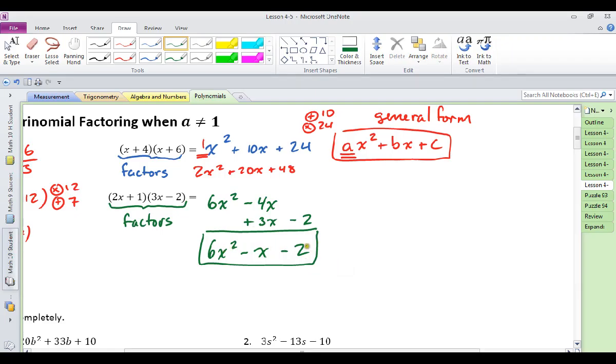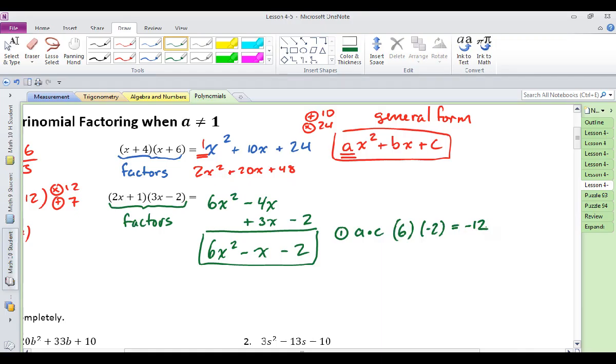So what we do when we are faced with this, step 1, is we do A times C. So in this case, what is A? The coefficient in front of x squared. So what is it? 6. And what is C? Negative 2. And that gets me negative 12, yeah?